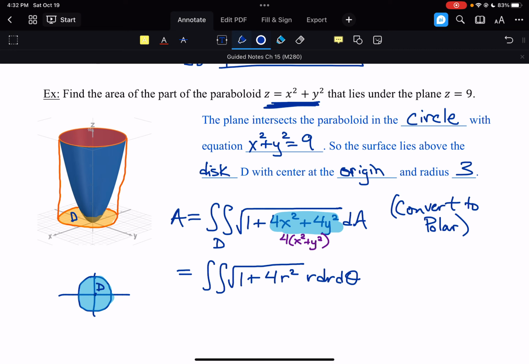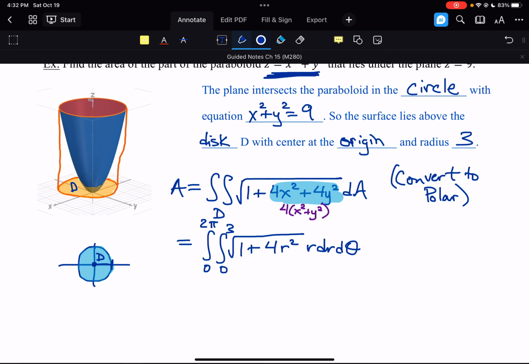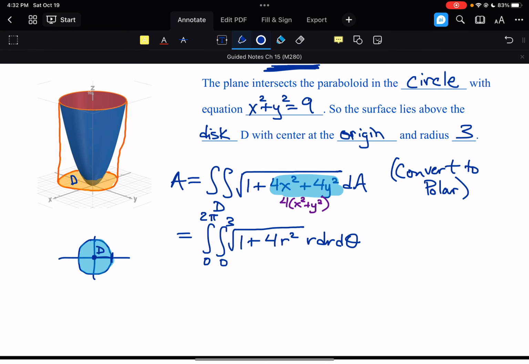For dr, r is going to go from the origin out, and that is a circle of radius 3, right? So r goes from 0 to 3. And theta, we're going around the entire disk. So theta is going to go from 0 to 2 pi. Right. We can go ahead and employ the theta trick here.